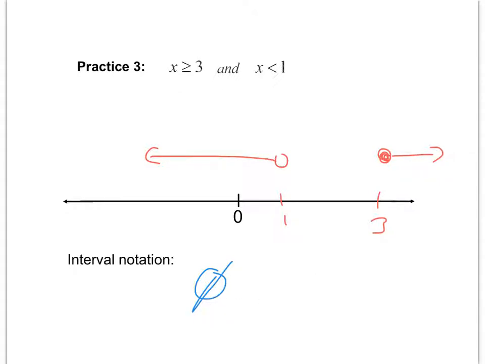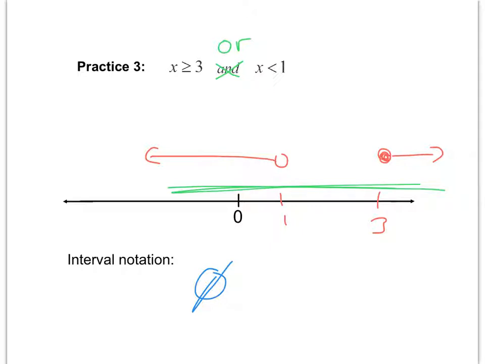However, let's just pretend for a moment that this was connected not by the word and, but by the word or. Now we have a compound inequality where this could be one or the other. So our graph is still going to look like this, but this time it works.